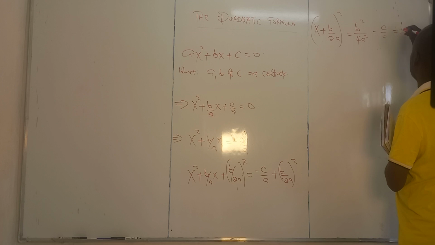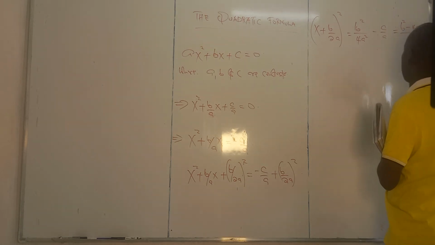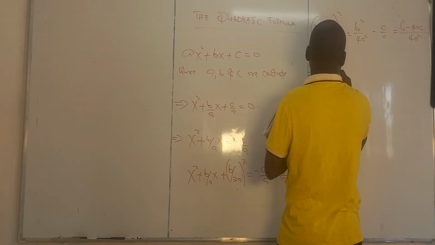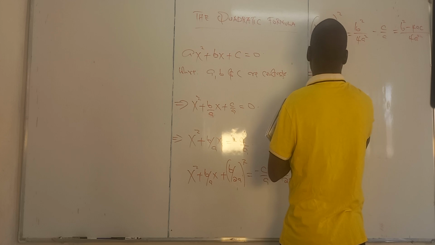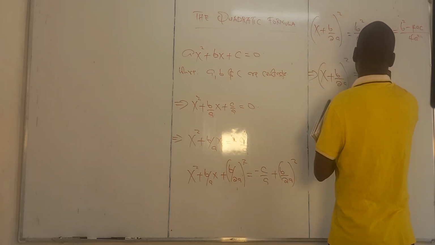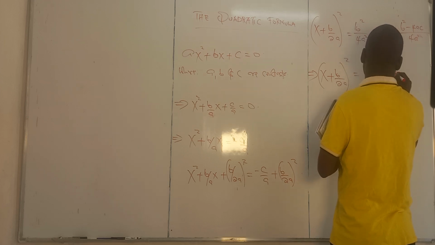So that means here I just have b squared minus, this comes here, 4a times this, so minus 4ac, because this divides this, it is 4a times this. So here I say x plus b over 2a squared is equal to b squared minus 4ac over 4a squared.